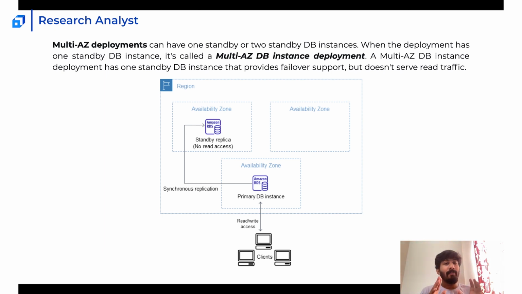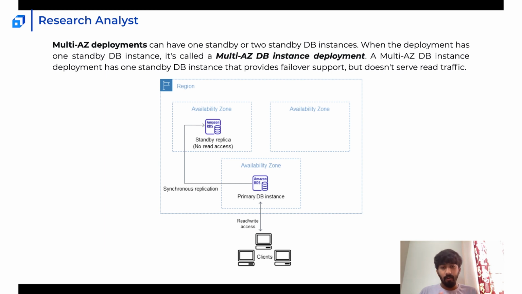The primary database instance is available in one particular availability zone, and this is the instance which interacts with the clients. If there is an application connected to this database and I'm the user trying to access some information, it gives me the data back from the primary database instance.